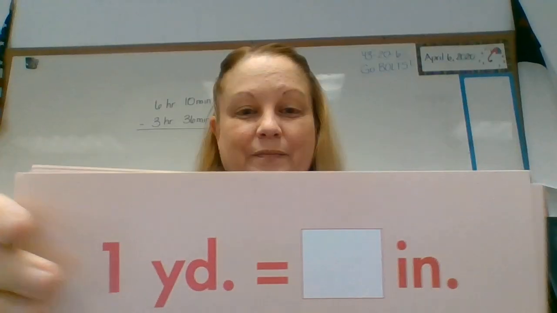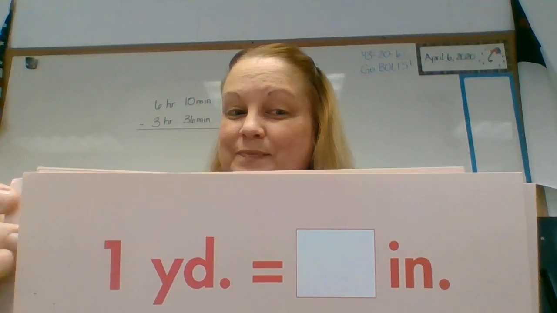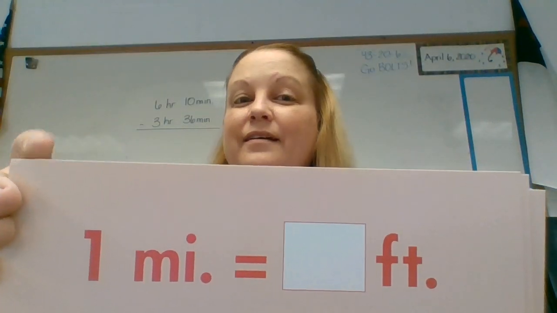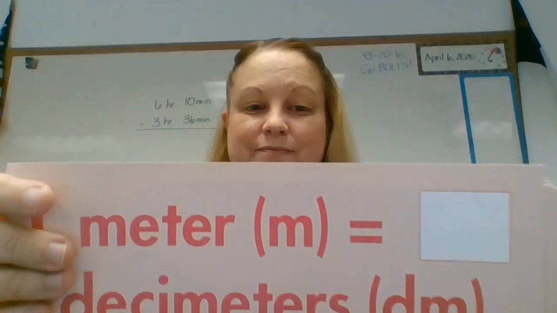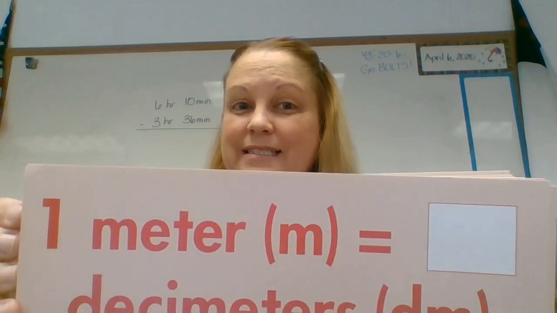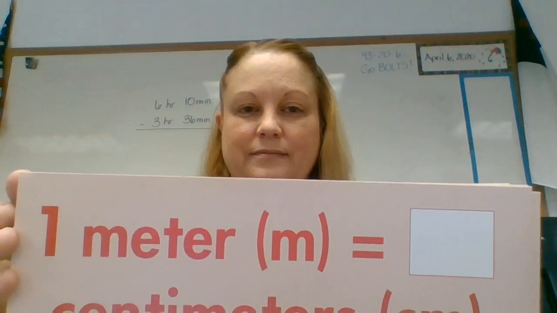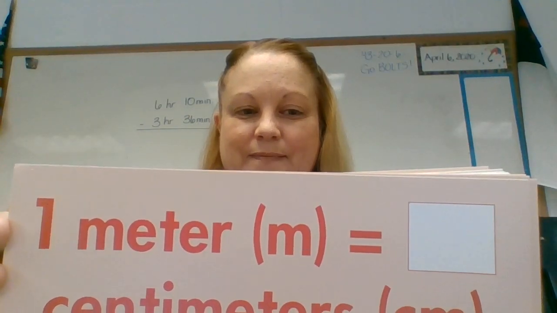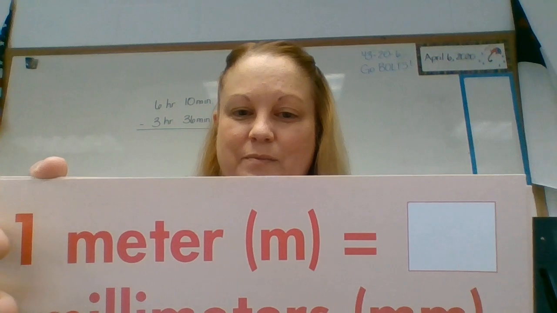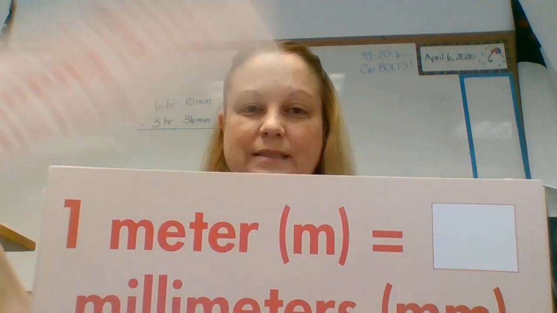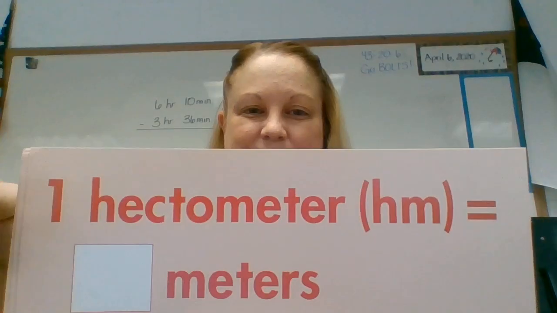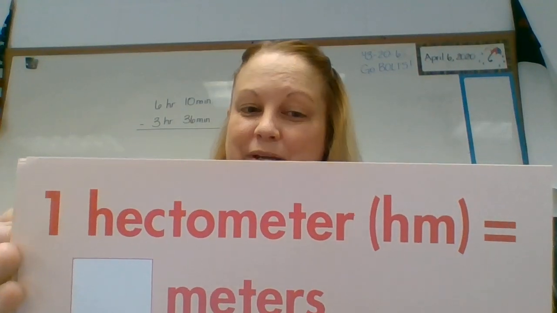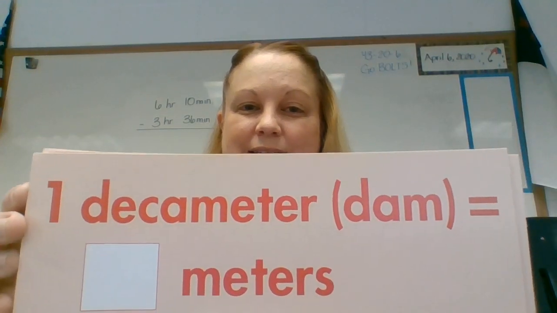3, 36, 5,280, 1,760. 10 decimeters in a meter, 100 centimeters, 1,000 millimeters, 1,000 meters, 100 meters, 10 meters.